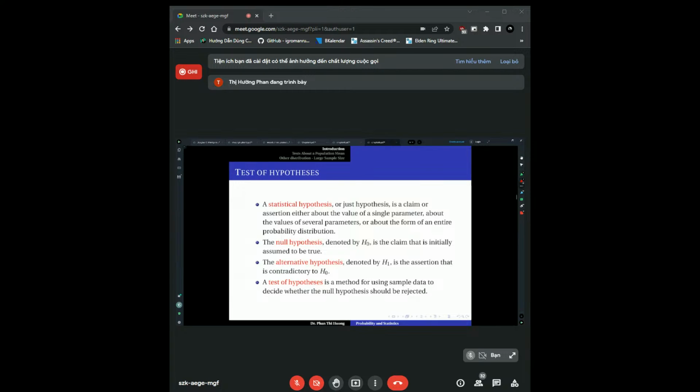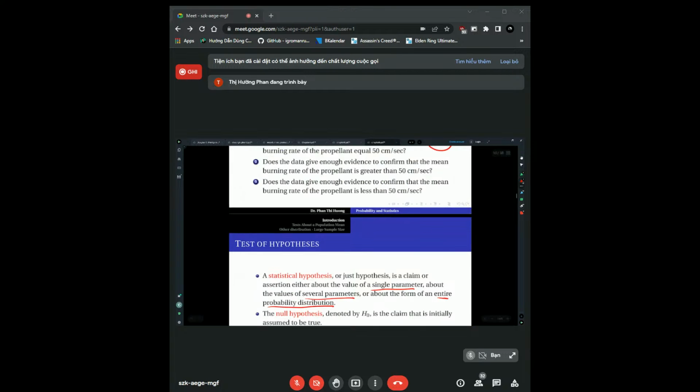So we have three parts: single parameter, several parameters, and the form of the entire probability distribution. A statistical hypothesis is a claim or statement about a single parameter.